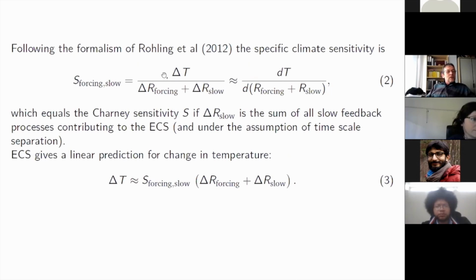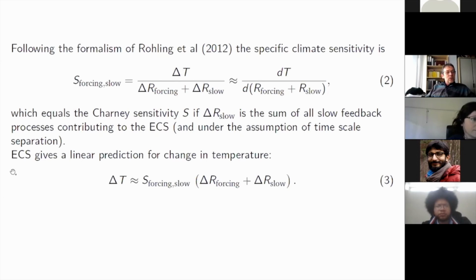You can use this notion because basically the things that you want to look at are the changes in forcing due to CO2 and the changes in surface temperature. So you can define a specific climate sensitivity, as in Rohling et al., by looking at a ratio of a small change in temperature over a small change in forcing, where we must actually take account of the slow feedback processes.